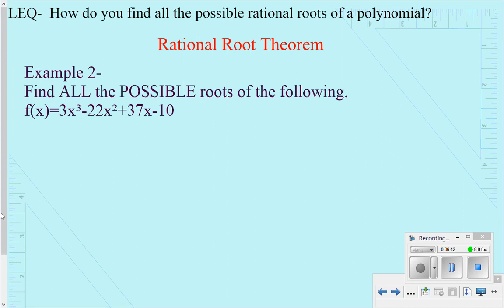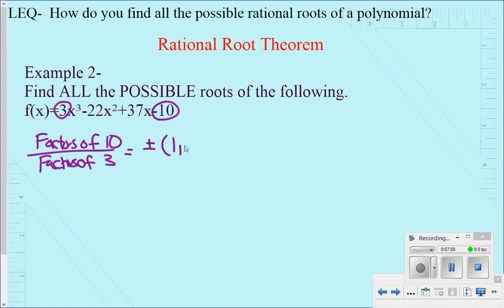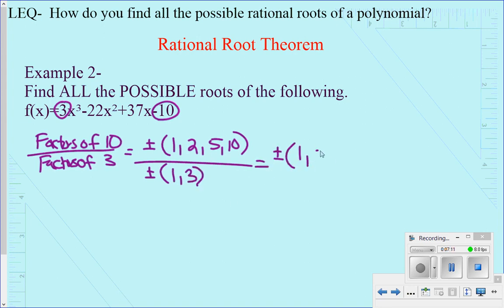So if I'm checking that with the rational root theorem, I'm looking at 10 and 3. So factors of 10, ignoring that negative sign, divided by the factors of 3, give me plus minus 1, 2, 5, and 10, divided by plus minus 1 and 3, which gives me plus minus 1, 2, 5, and 10.